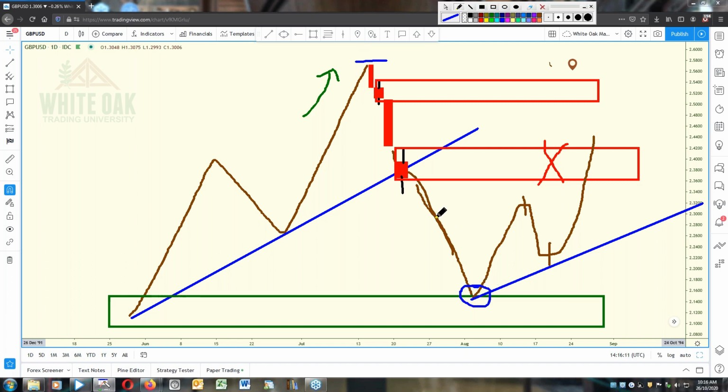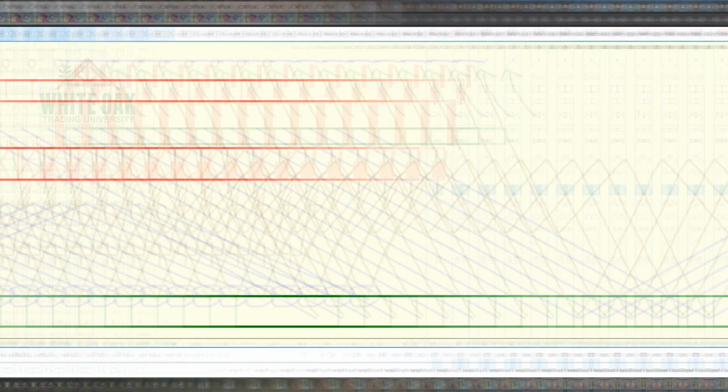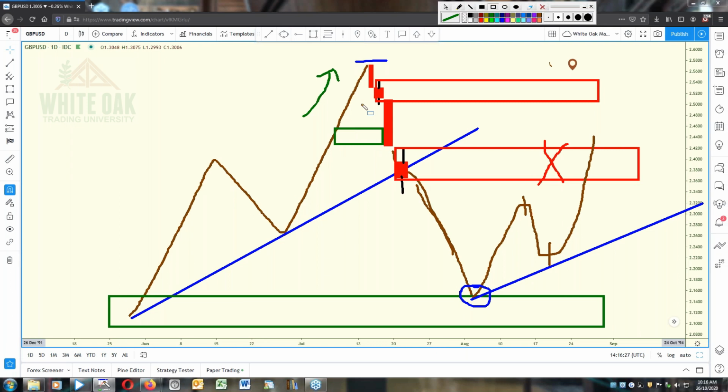In the process, it broke the ascending trend line, the uptrend on whatever time frame we're looking at. On the way down, we would have had the shift in that trend, not even by the trend line breaking, but because of this demand zone being removed.